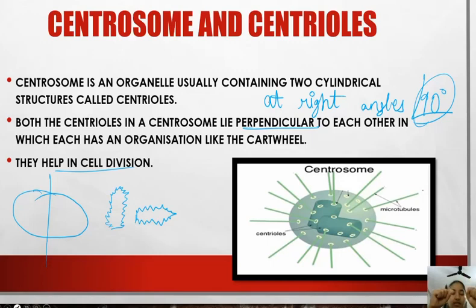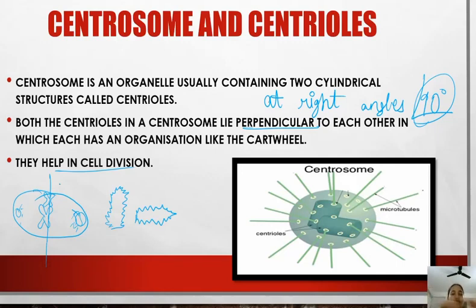At that time, the chromatin material condenses to form chromosomes. So what does the centrosome do? You imagine this is the centrosome. It pulls an equal number of chromosomes into both the cells which are going to get divided.